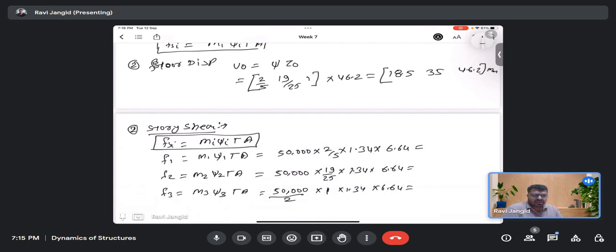Did you get it? Yes, 177.952. Okay, I am getting 174.6. Maybe there is a difference due to decimal places. Okay. 338, yes, 338, 444. Not 444, not divided by 2 also.